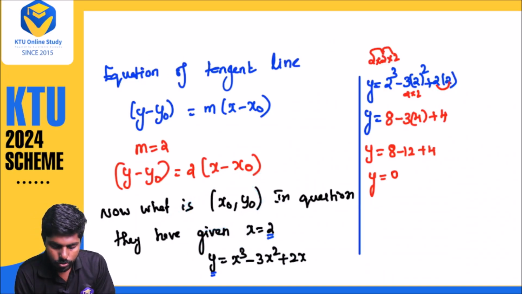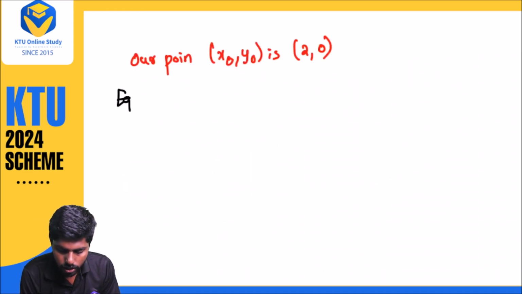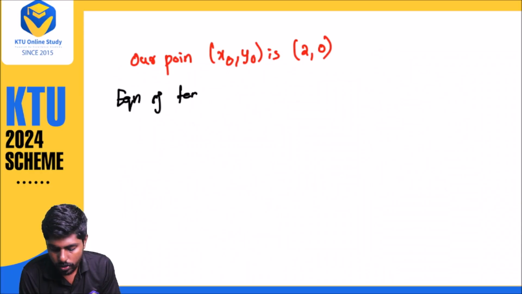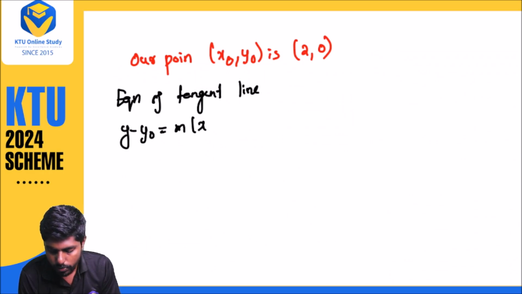So now substituting in the equation of tangent line. The equation of tangent line is y minus y naught is equal to m into x minus x naught. What is y naught? y naught is 0.